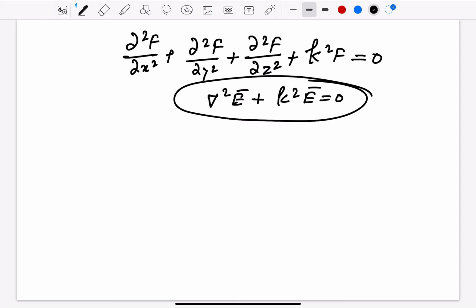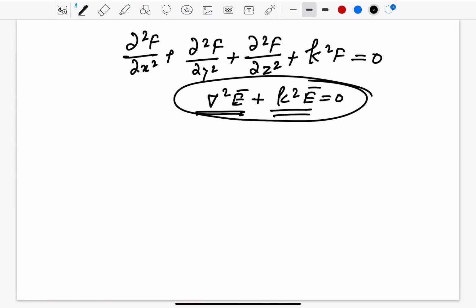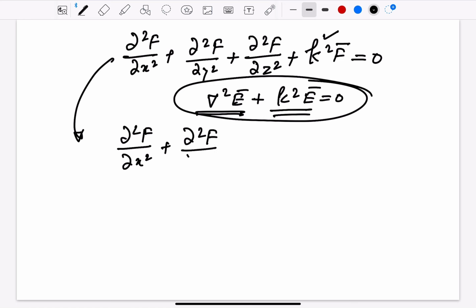We have seen how to expand del square E, and in the k square E term we put F in place of E. The reason is quite clear: we want to solve for both wave equations. So now let us further solve this. Dou square F over dou x square and dou square F over dou y square.